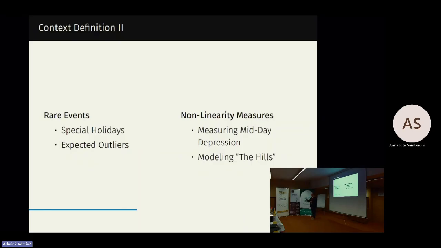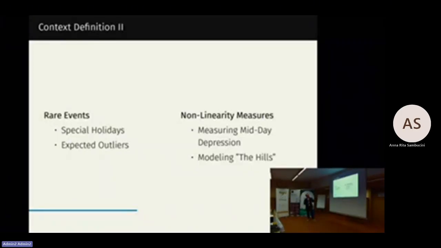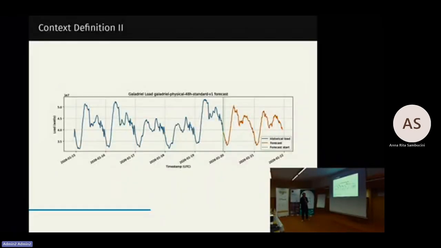Expected outliers, they're not really expected outliers, but we have special holidays like festivals that don't really make sense, that we cannot really learn from. It's just an uncertainty that we introduce on these days.